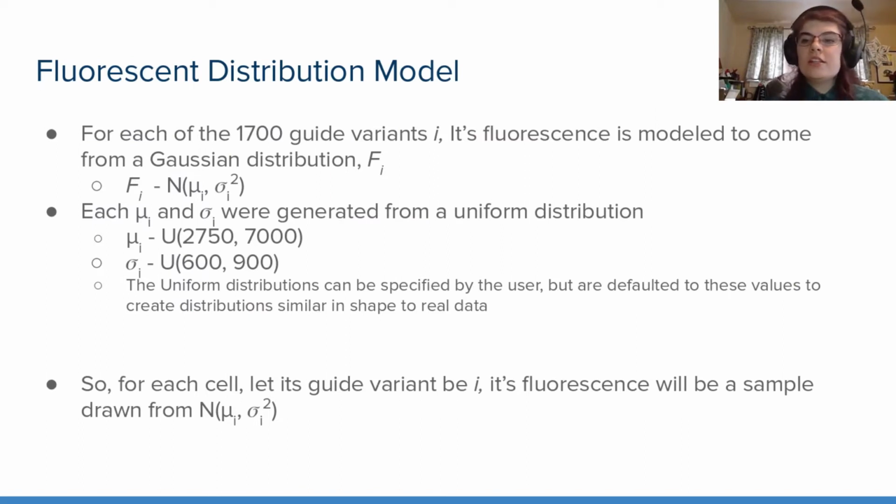The model that we used to determine the fluorescent distributions was a Gaussian distribution. For each of the 1700 guide variants, its fluorescence was modeled to come from a Gaussian distribution with a mean and a variance that were generated from a uniform distribution.